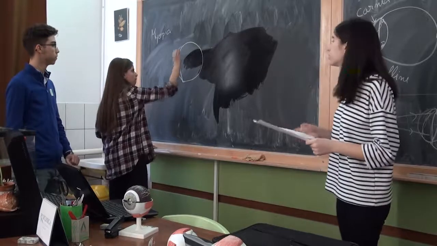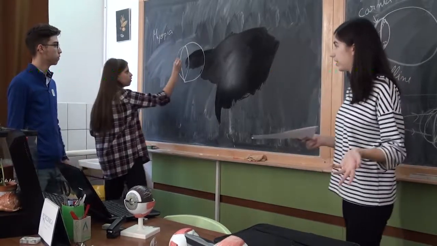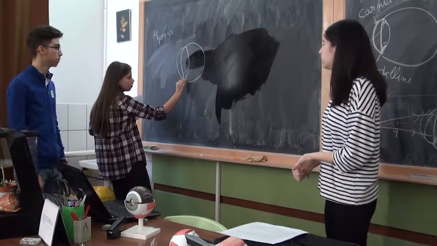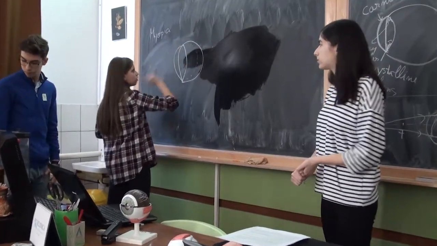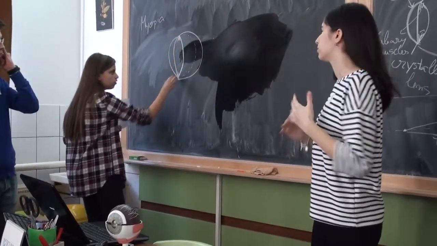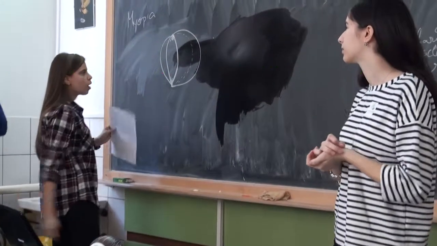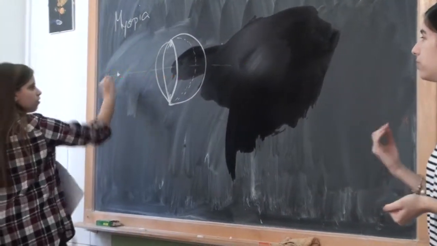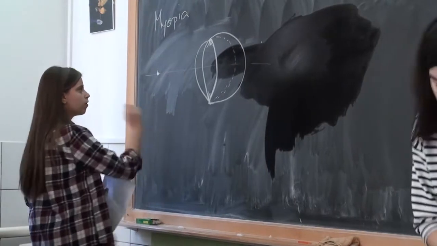The main cause is the elongated shape of the eyeball, or the inability of the ciliary muscles to contract enough in order to offer the lens the bulged shape it needs to form an image closer to the retina.